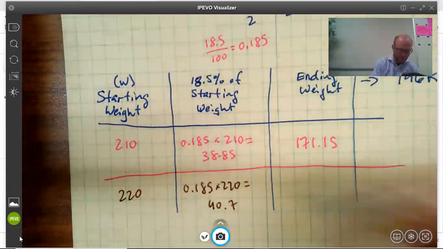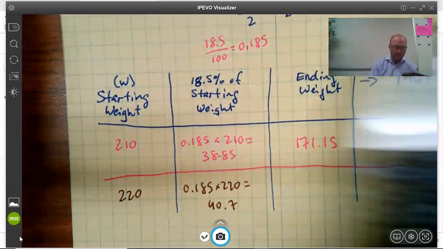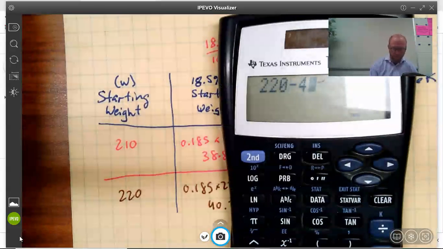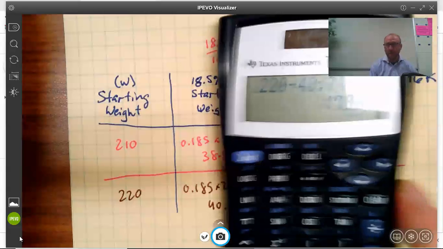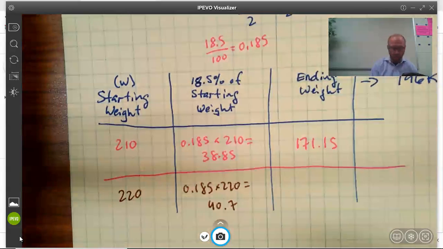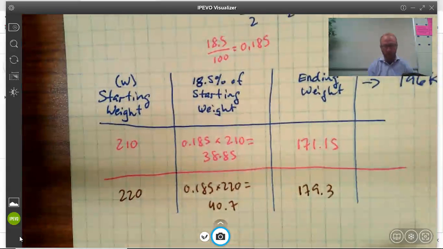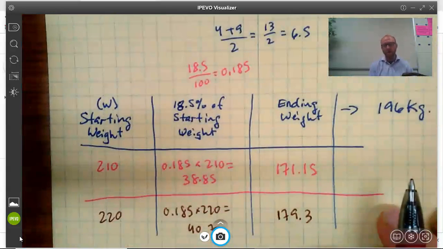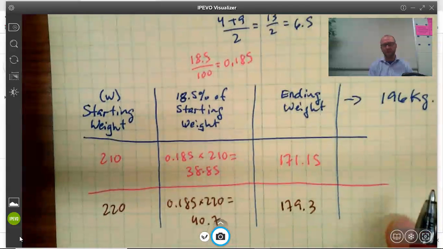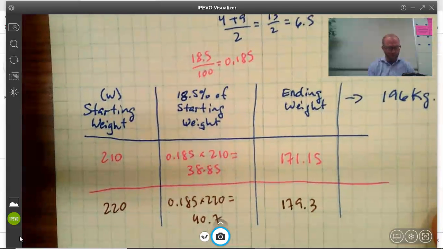So we're going to lose 40.7 pounds. And 220 minus 40.7 is 179.3. We wanted 196, so we're not quite there yet.